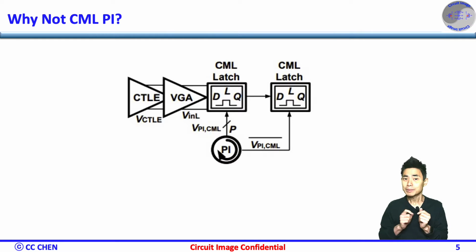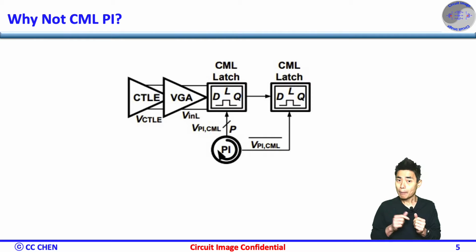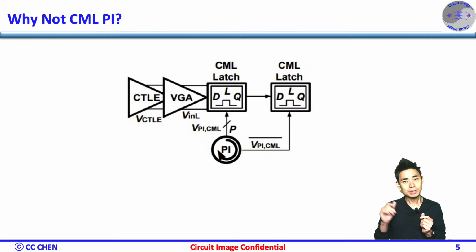But that would limit other blocks connected from and to must be at a CML level as well. For example, the comparator of the sampler must be a CML latch topology, such that the CML PI output clock can drive the CML sampler directly.